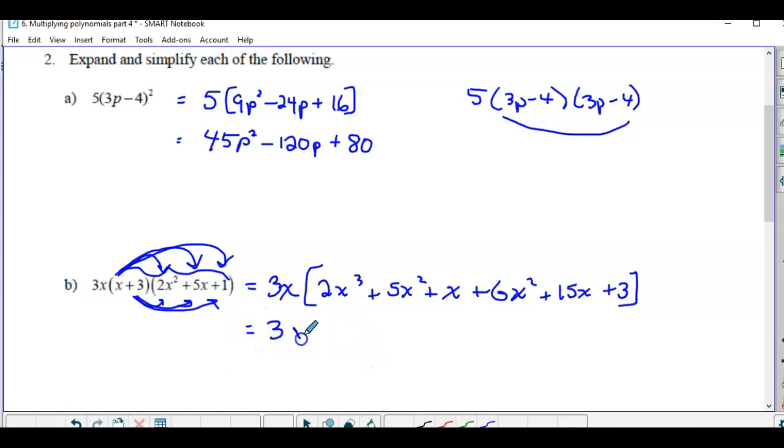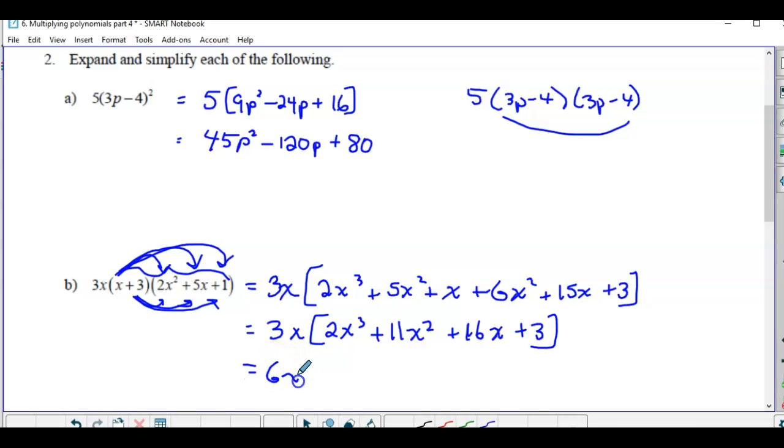And you can multiply through now or collect like terms and then multiply, which is usually what I do. So 2x cubed, then I've got 5x squared plus 6x squared is 11x squared, and x plus 15x is 16x plus 3. And then now I multiply through by 3x.